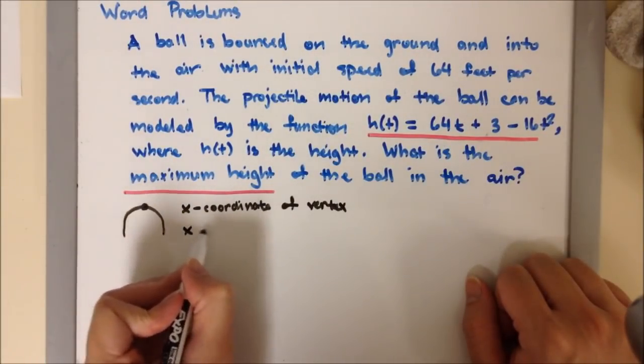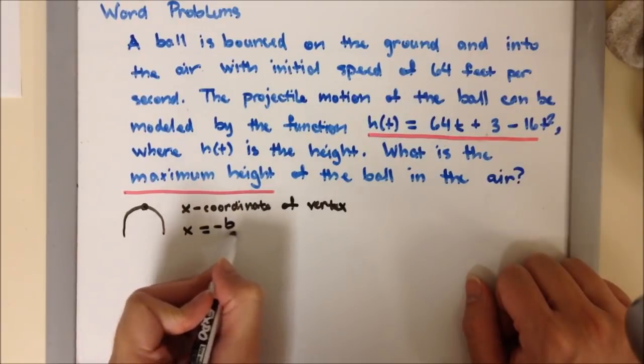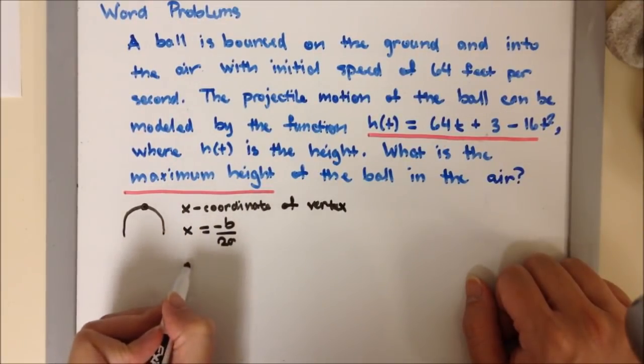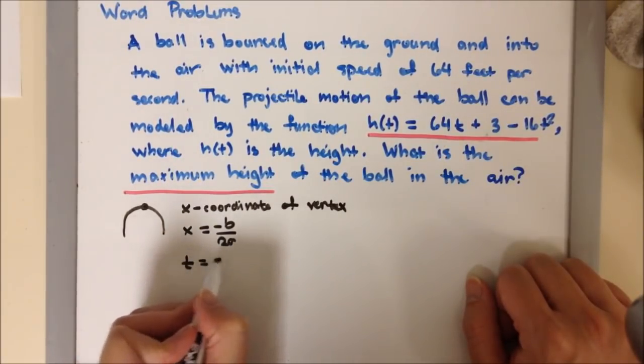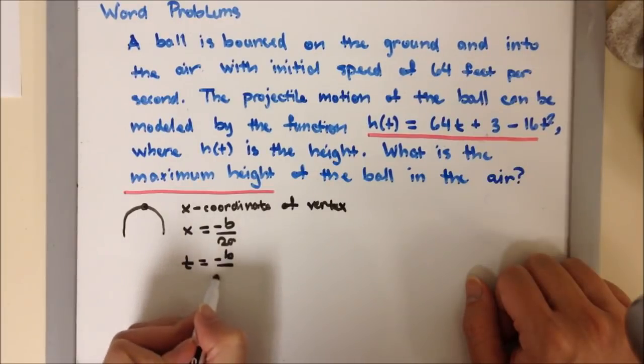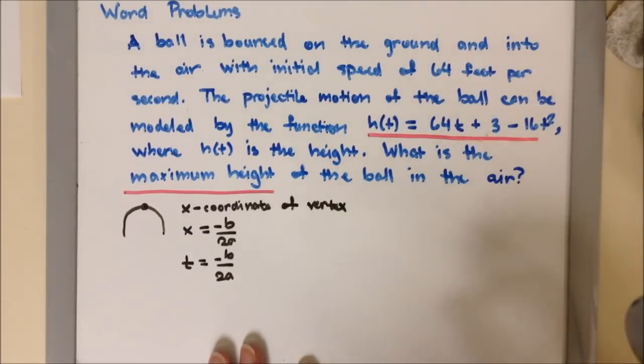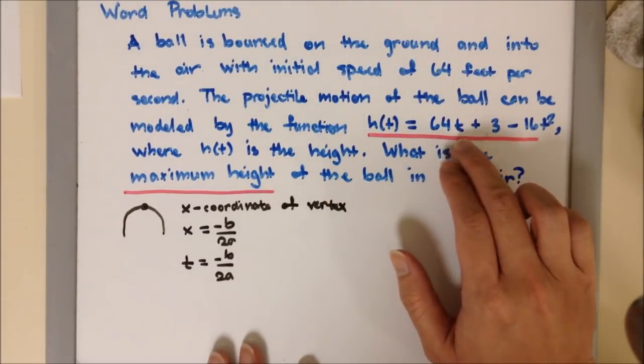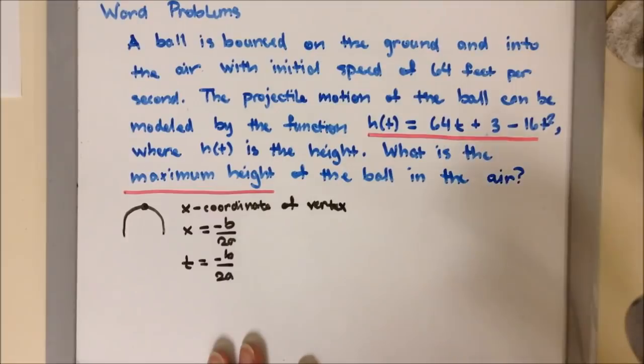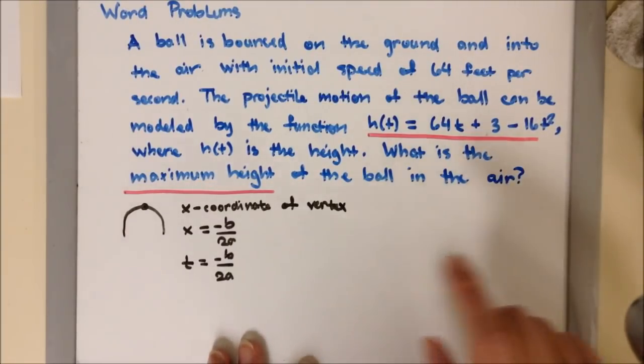The formula was x equals negative b over 2a. So in this case, it's going to be t equals negative b over 2a instead of x. Now, we have the function 64t plus 3 minus 16t squared. We first have to put it in order, a, b, c.